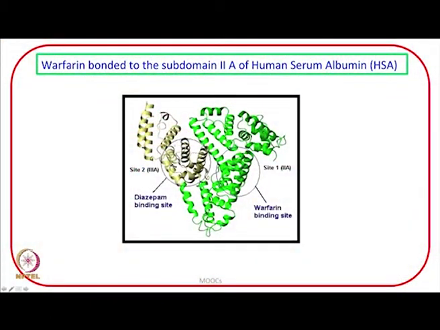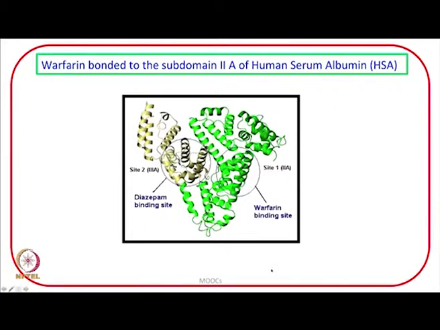Let us take a look at the next slide. This is the structure of serum albumin, and as we have earlier discussed, there is a warfarin binding site, then there is a diazepam binding site.